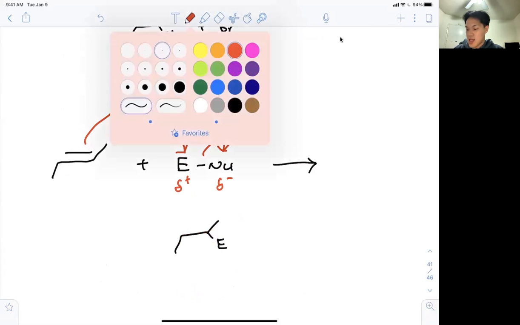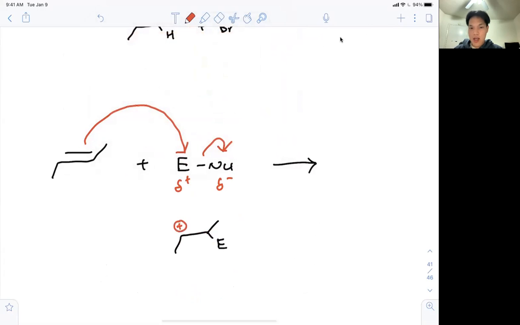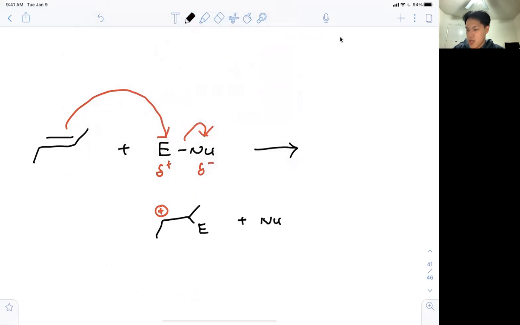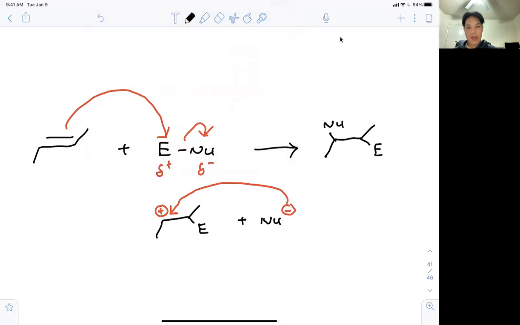It doesn't matter in this case. We can have that positive there, and we have that nucleophile that just left, which is now a negative charge. It can attack, and then we get this compound, right? Everyone's happy. It looks good. Nothing to complain. Okay.